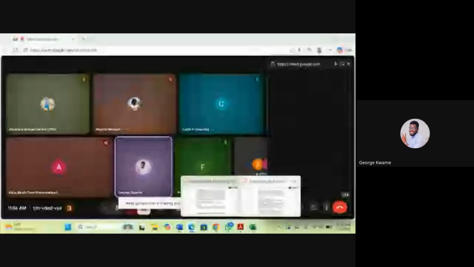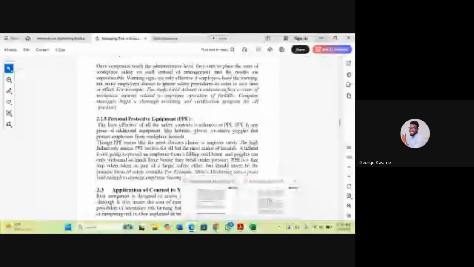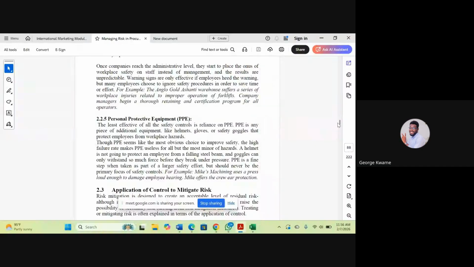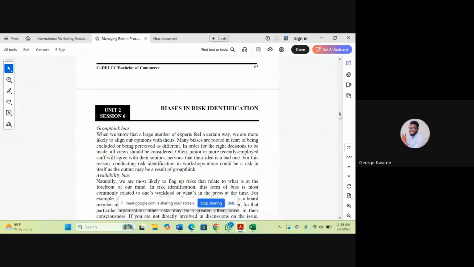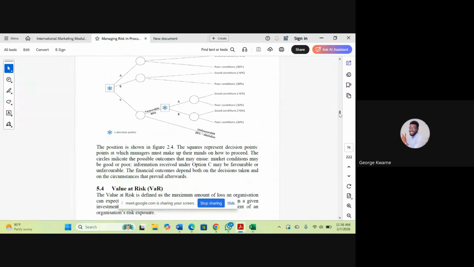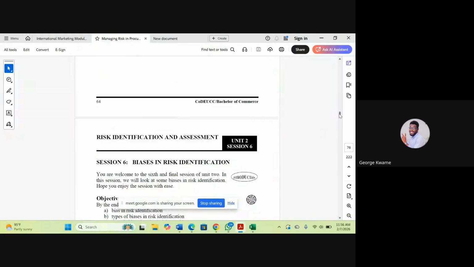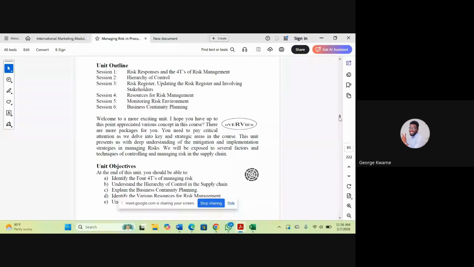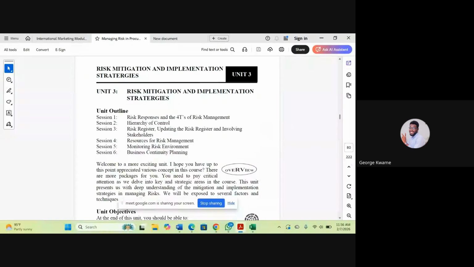So, madam, sometimes when looking at the environment that you operate in, there are certain risks. Let me use a typical example: you have competitors. There are other companies producing similar goods as you.